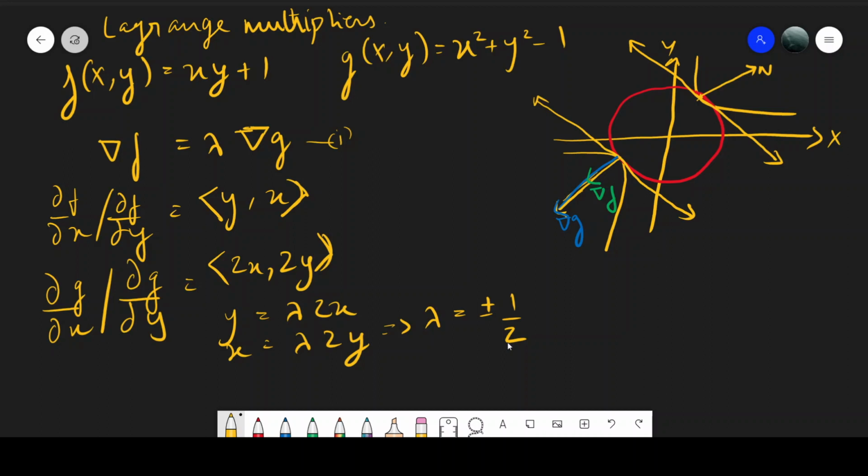So that's basically your Lagrange multipliers. You find the maximum or minimum of a function subject to a constraint. That's all that Lagrange multipliers do, and that's what we are going to use to find the maximum of the optimization problem in our PCA.